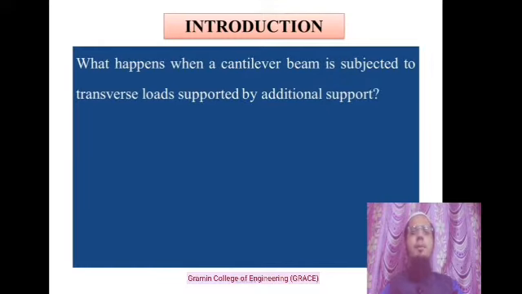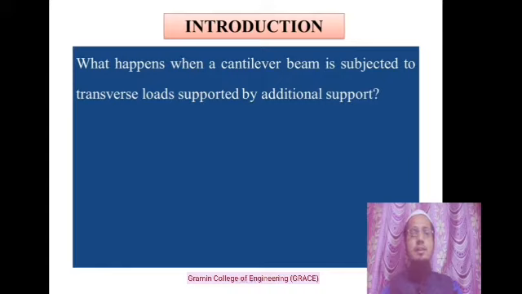What will happen when a cantilever beam is subjected to transverse loads and supported by an additional support? What will happen? There is a cantilever. What is a cantilever first? In a cantilever beam one end is fixed and the other is free.